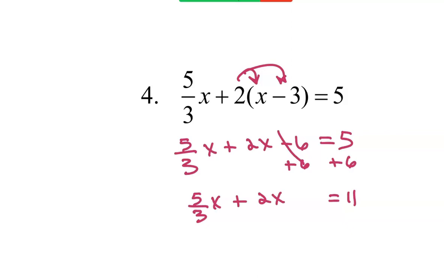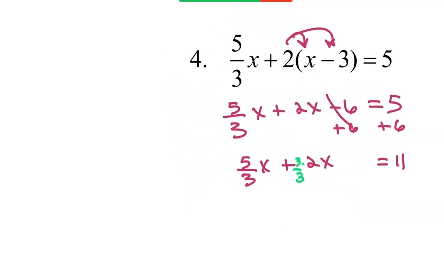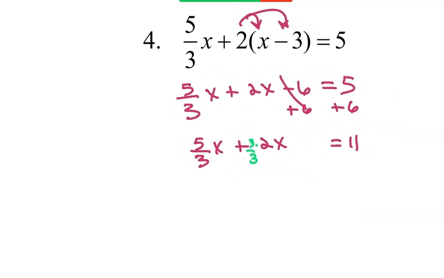Okay, I can't combine the 5/3 x and the 2x because I don't have the same denominator. So what you're allowed to do, you can multiply that 2 by 3 over 3 because 3 over 3 is just 1. So what does that give me?